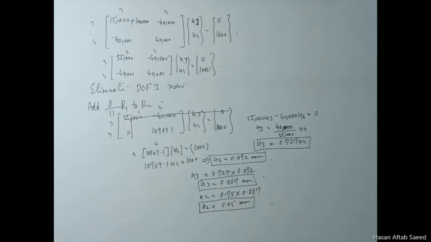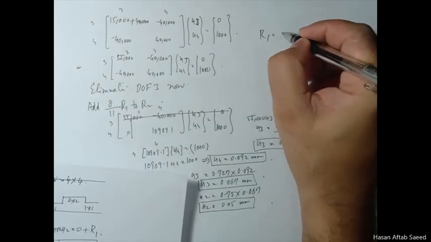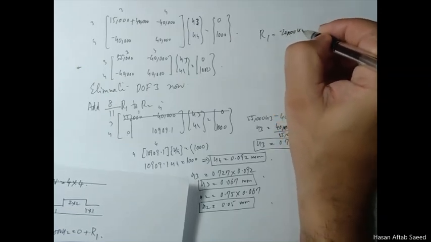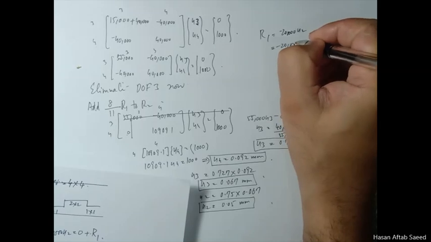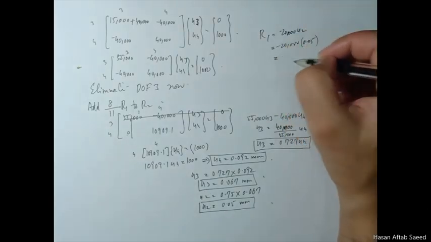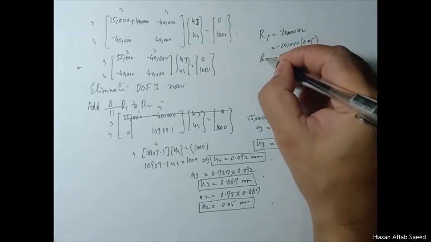Now if you were to calculate the reaction force, you don't need to, but if you were to calculate it, we have it right here. Reaction force 1 is equal to minus 20,000 u2, that is minus 20,000, and u2 is 0.05, that is minus 1000 newtons.